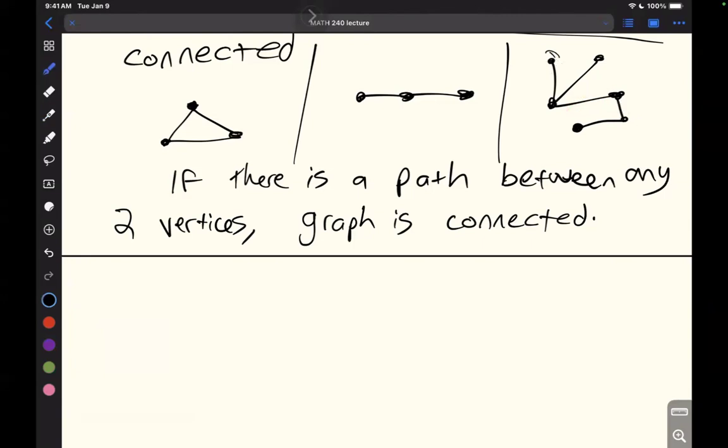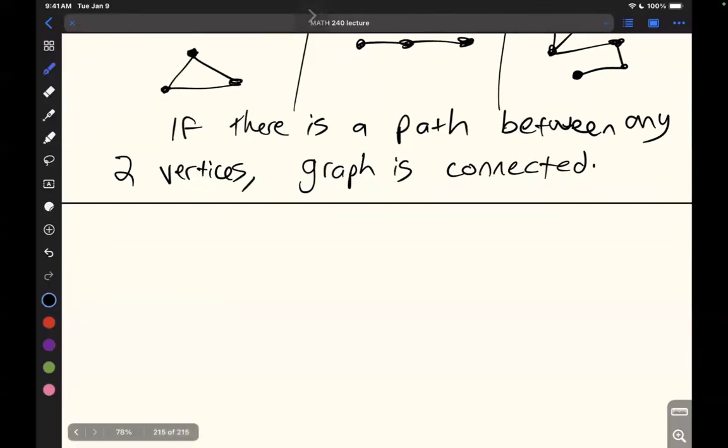What about now? Yes. So if there's a way to get between every pair of vertices, with none that are disconnected, then the graph is connected. And if there is no path, then the graph is disconnected.